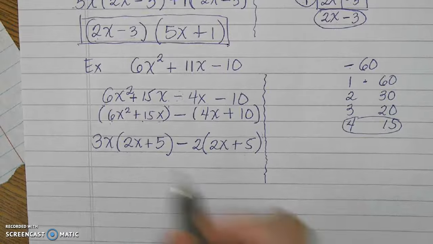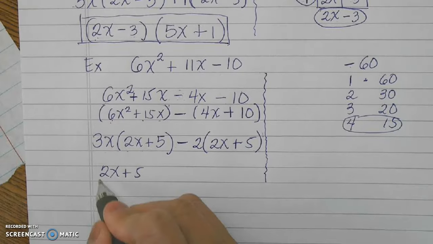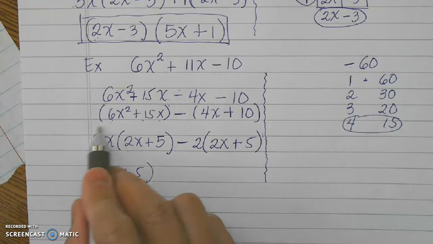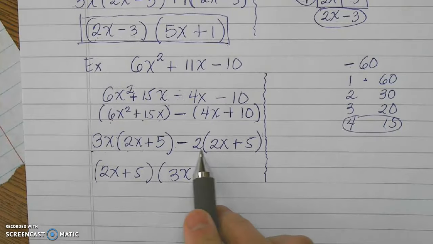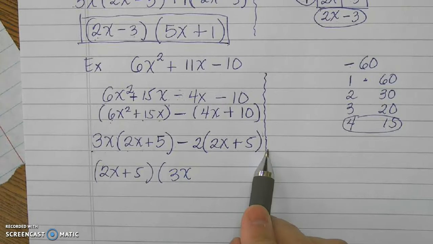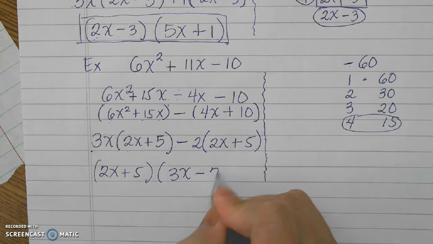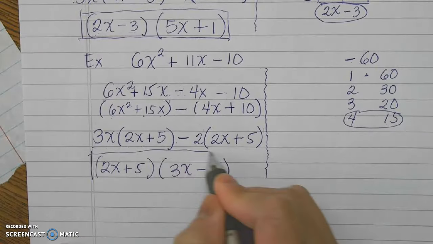So I'm taking that out. If I take out 2x plus 5 from here, what's left is this. If I take out 2x plus 5 from here, what's left is this. Okay, so those are the factors.